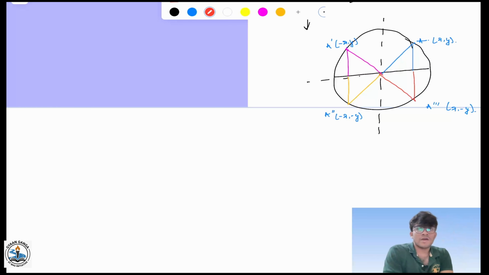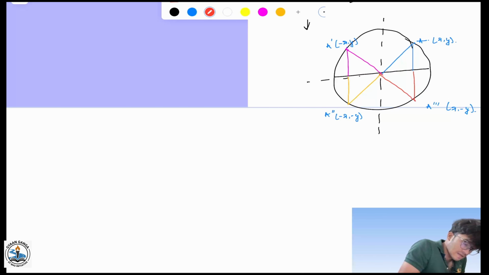And without talking about congruency or similarity, you can see that all the four triangles are equal just by looking at the symmetry and the way we have constructed it.